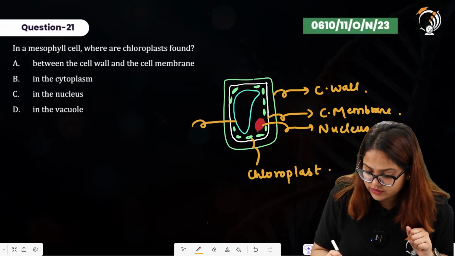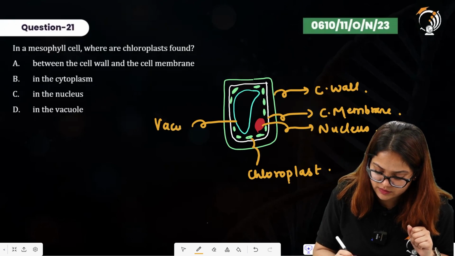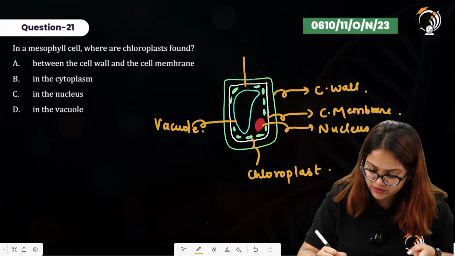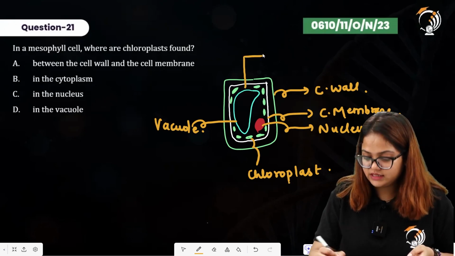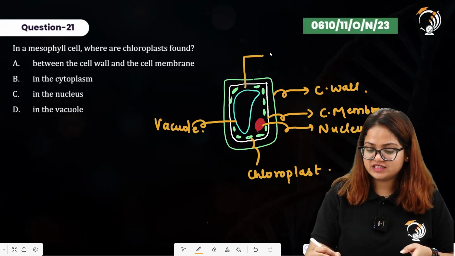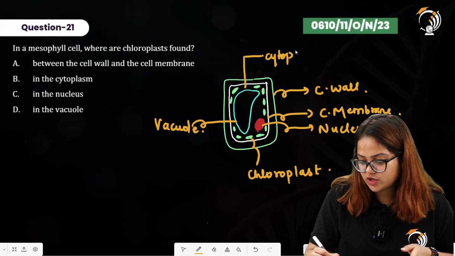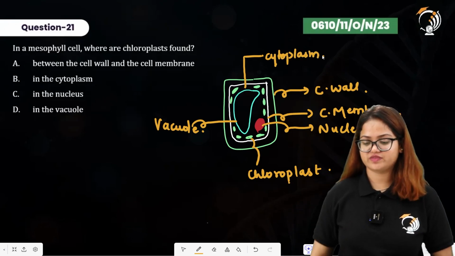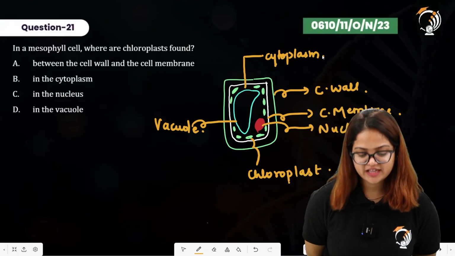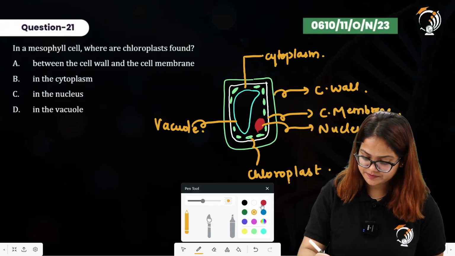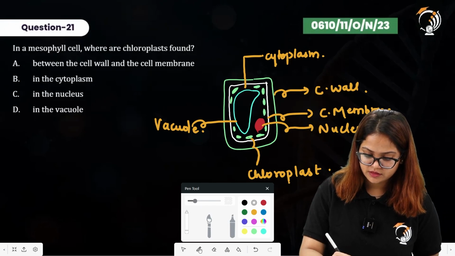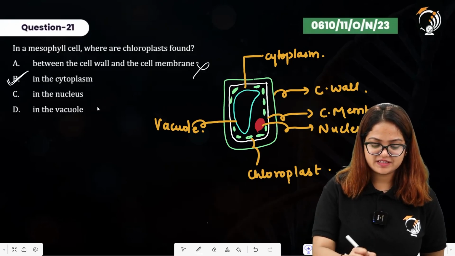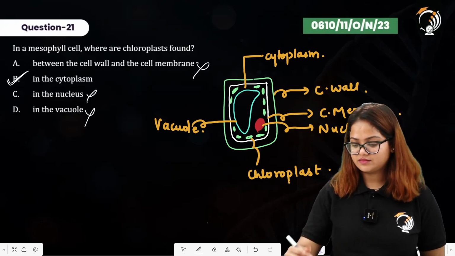This region here represents the vacuole. And you got this particular region, the thick liquid component of the cell, that is the cytoplasm. You can observe that the chloroplast is present in the cytoplasmic region of the cell. All right, between the cell wall and the cell membrane, incorrect. In the cytoplasm, B is the right answer. In the nucleus, in the vacuole.